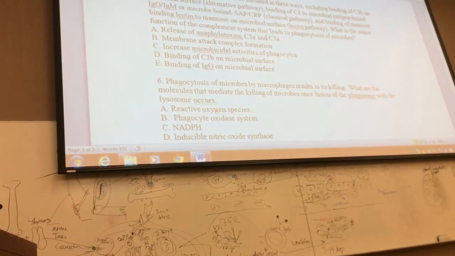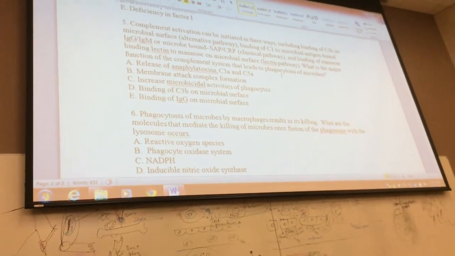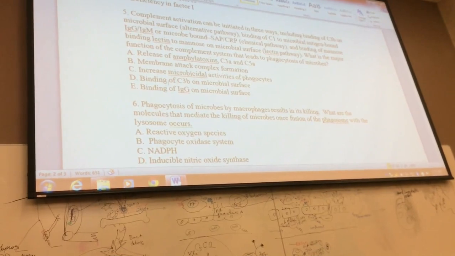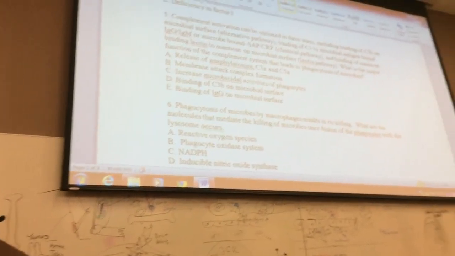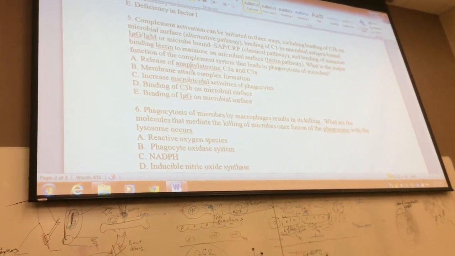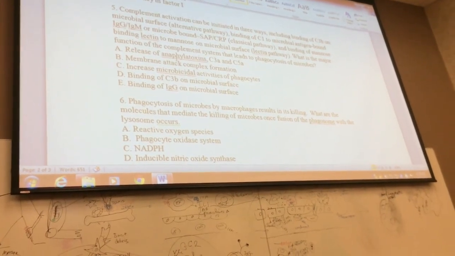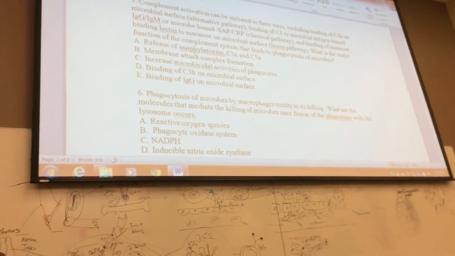So in this case, we are talking about phagocytosis. So what leads to phagocytosis? Opsonization. That's why that would be D, because you want opsonization with the opsonin C3b. Of course, you are going to have release of the anaphylatoxin, but that's not involving phagocytosis directly. It's involved in the recruitment of leukocytes at the site of inflammation.